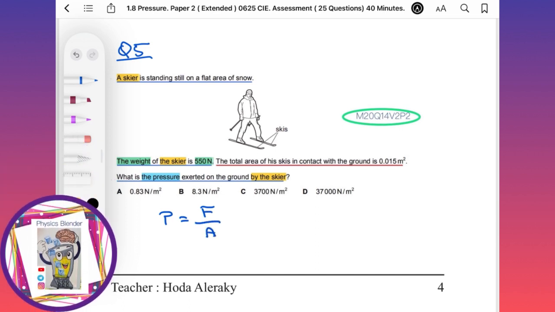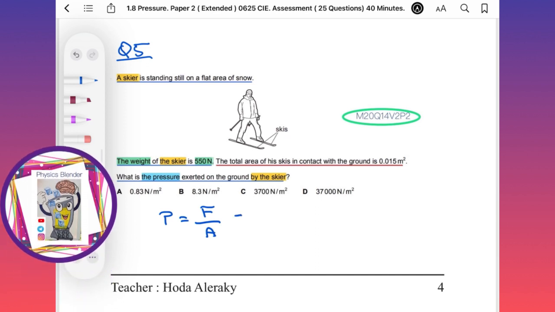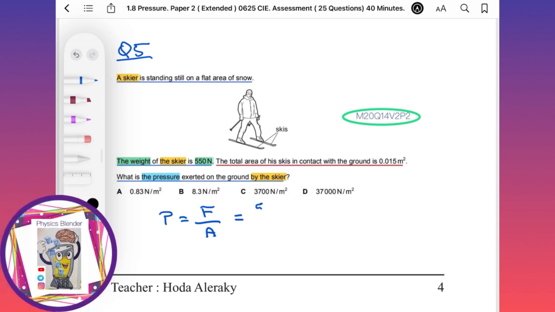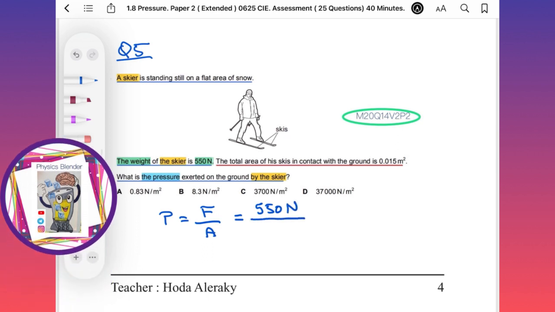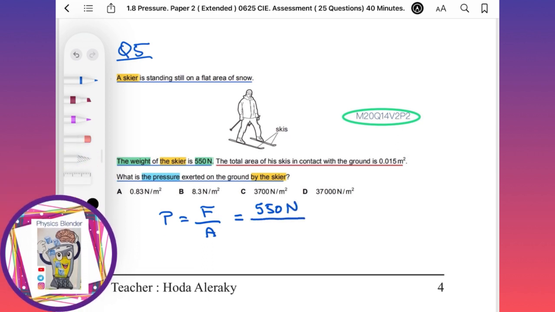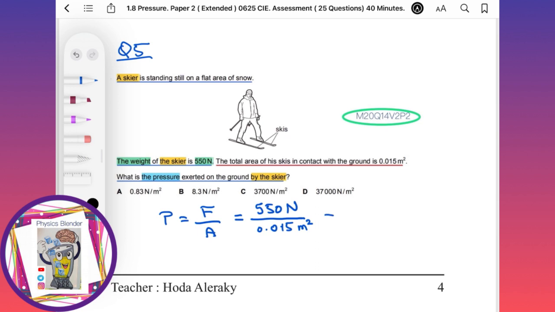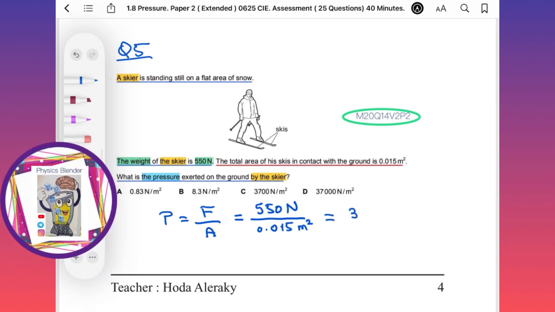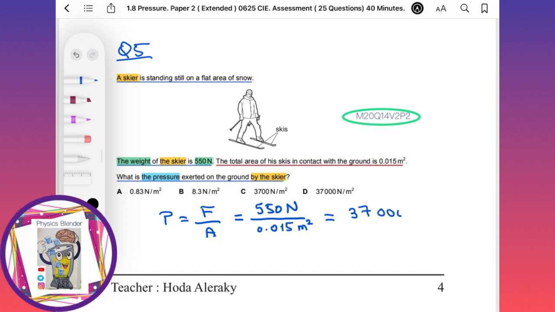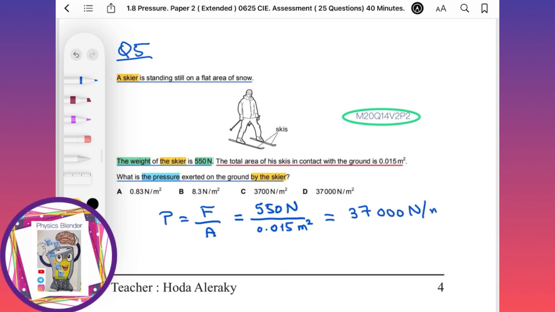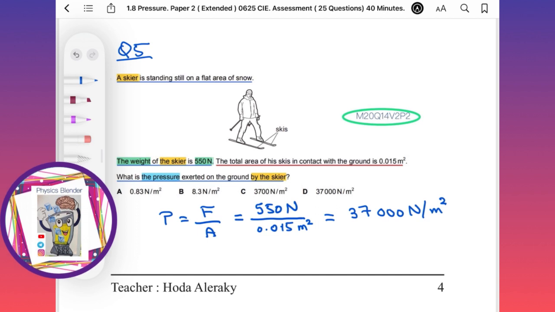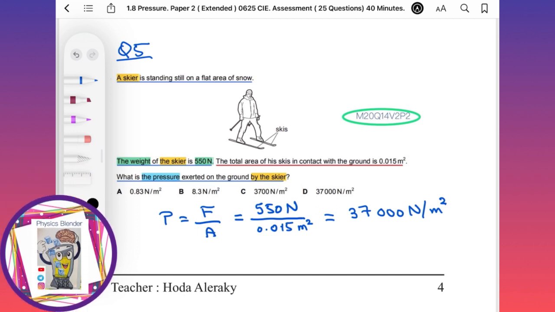Just check you have consistent units. The weight of the skier is 550 Newton and the area is given in square meters, which is 0.015 square meters. The final answer is 37,000 Newton per square meter. Your correct answer is D.